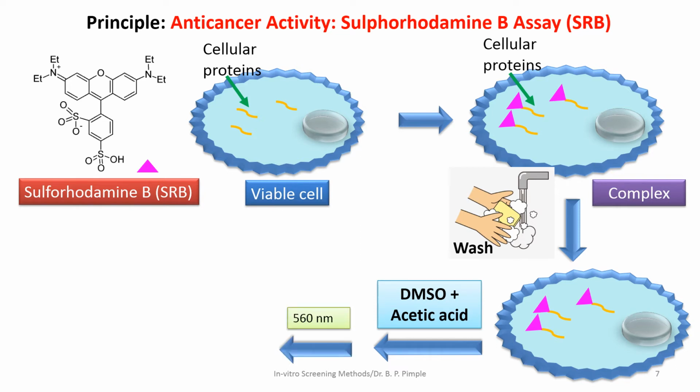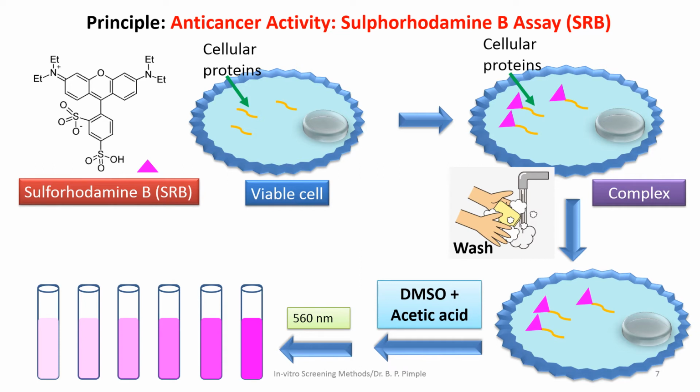The dye that comes out is to be measured at 560 nanometer on an optical densitometer, also called a plate reader. Now see, here we get different test tubes. We will first discuss the bright pink test tube, where the intensity of the pink color is at its maximum.